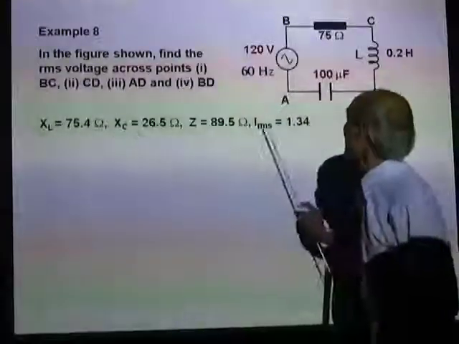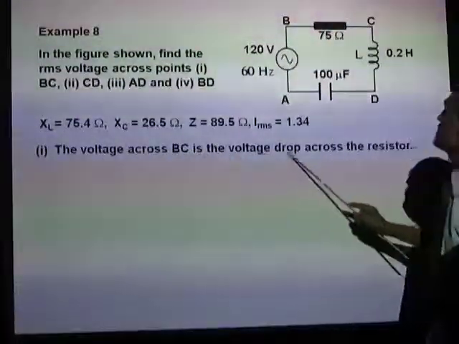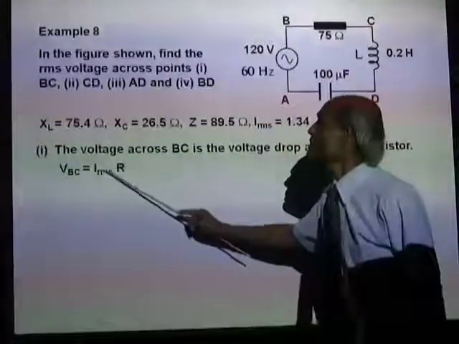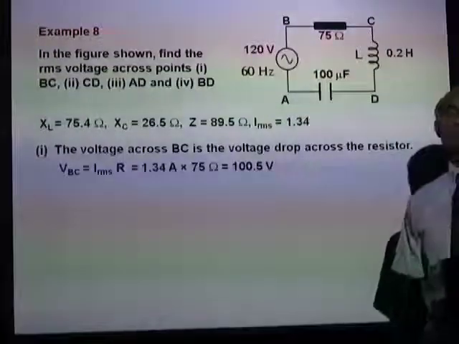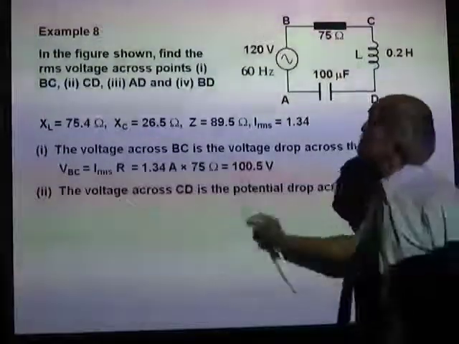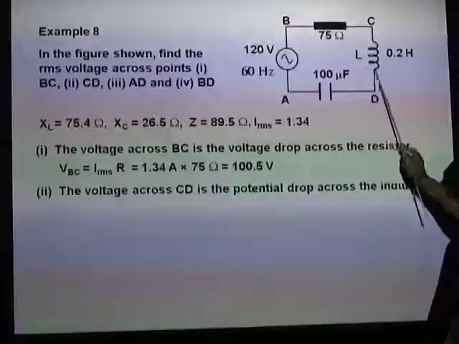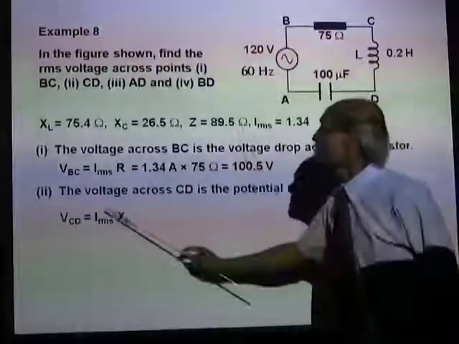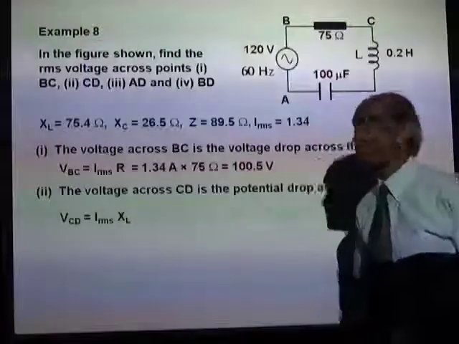So we have all these. The voltage across BC is the voltage drop across the resistor. VBC is IRMS times R, which is 100.5 volts. The voltage across CD is the potential drop across the inductor, which is VCD is IRMS times the inductive reactance.